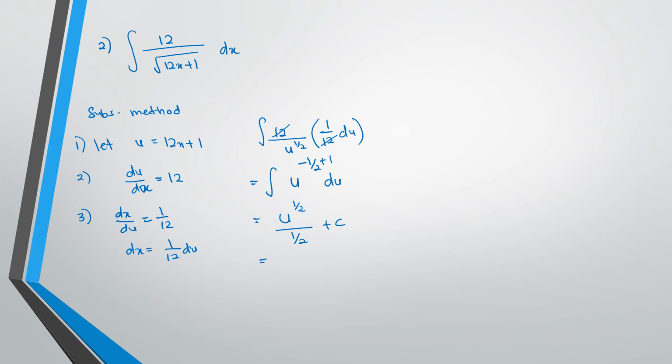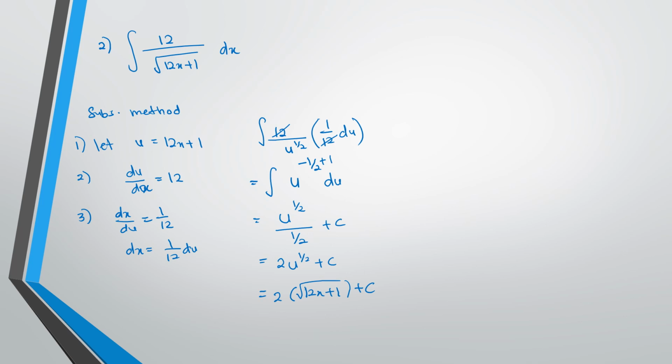Okay, so kat sini adalah 2 u power of 1 over 2 plus c. So final answer mesti in terms of x. Okay, substitute balik u kita tu. So u ialah 12x plus 1. Since this is power of 1 over 2, so dia adalah square root, which is surd. And then plus c.